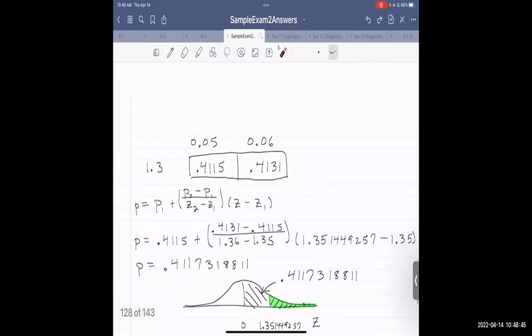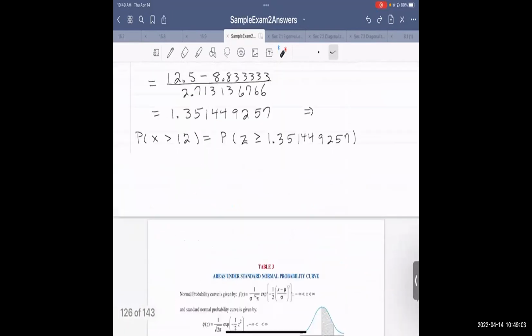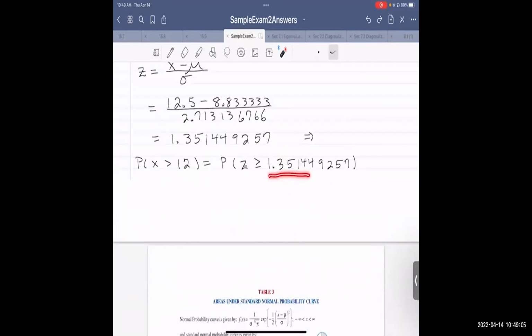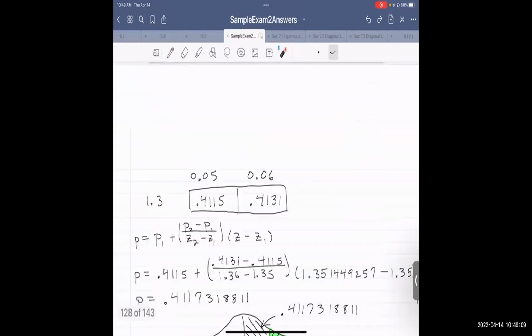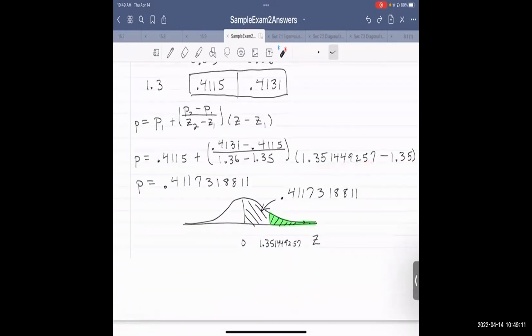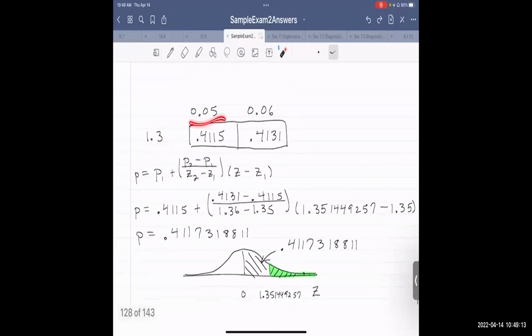So P is equal to 0.4115 plus 0.4131 minus 0.4115 divided by 1.36 minus 1.35 times 1.35144927 minus my 1.35.